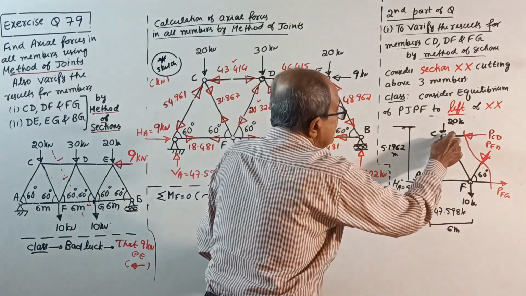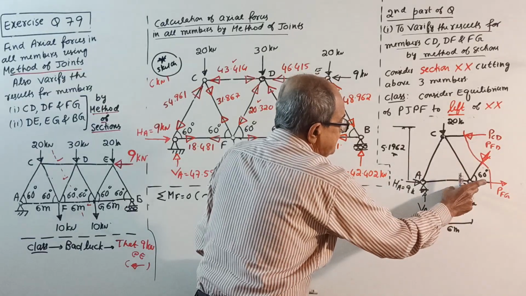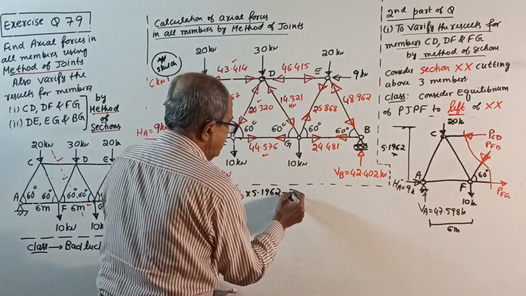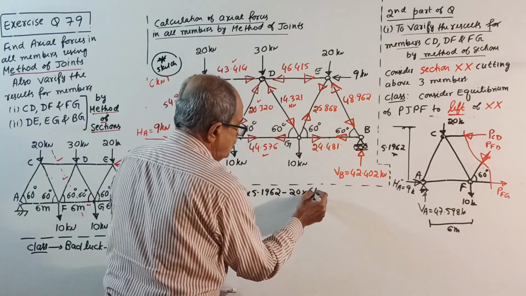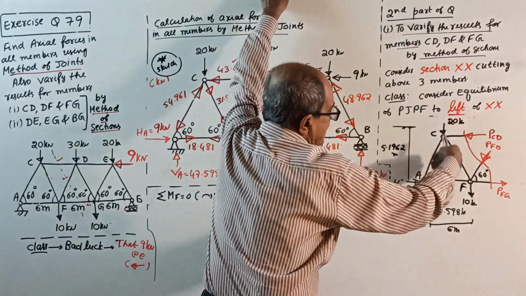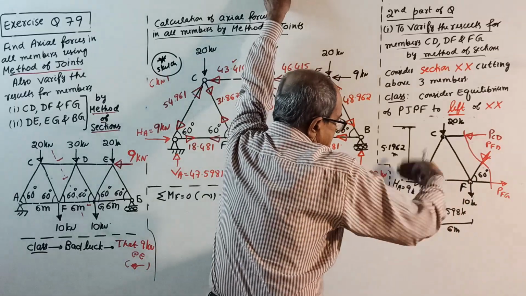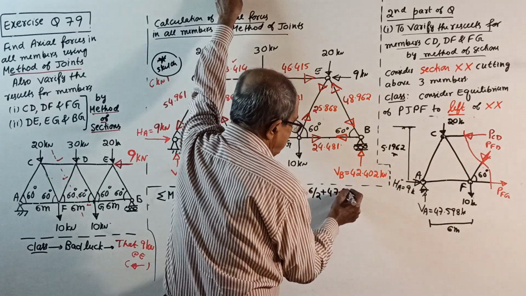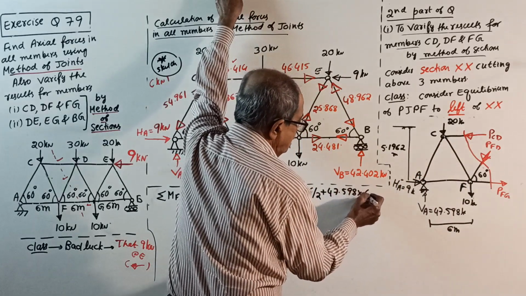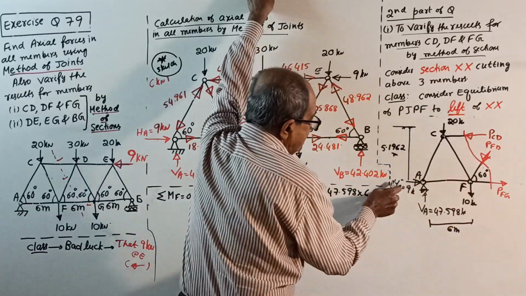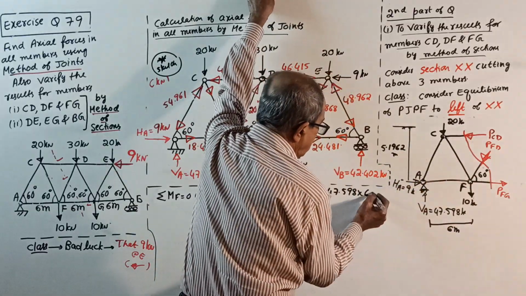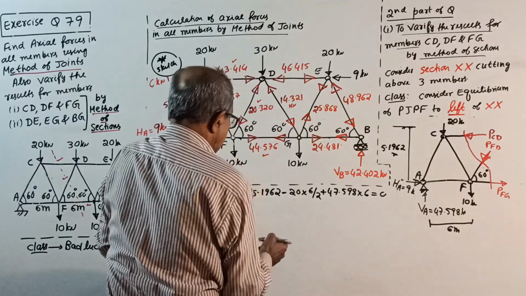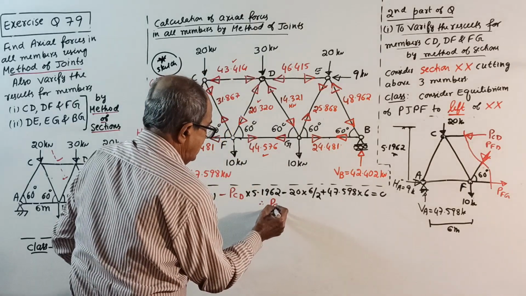This is 6 meter. 20 into this distance is 3 meter. Minus 20 into half of 6. Then plus 47.598 into 6 clockwise, plus 9 into 0, equal to 0. Take your calculator. Therefore, you get the value of PCD.